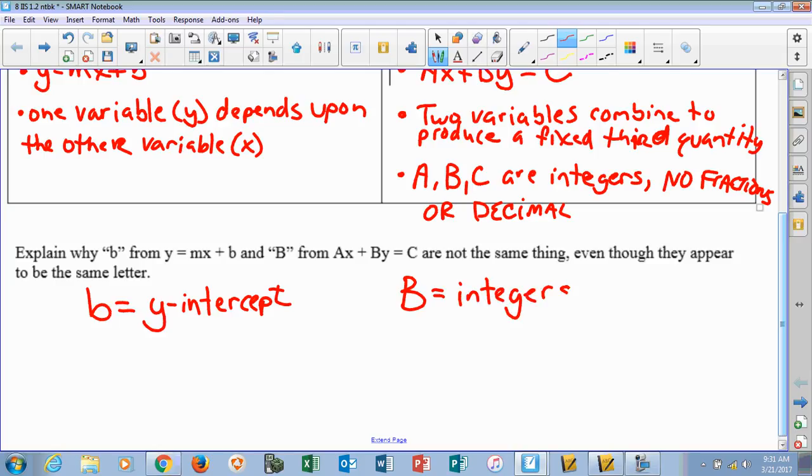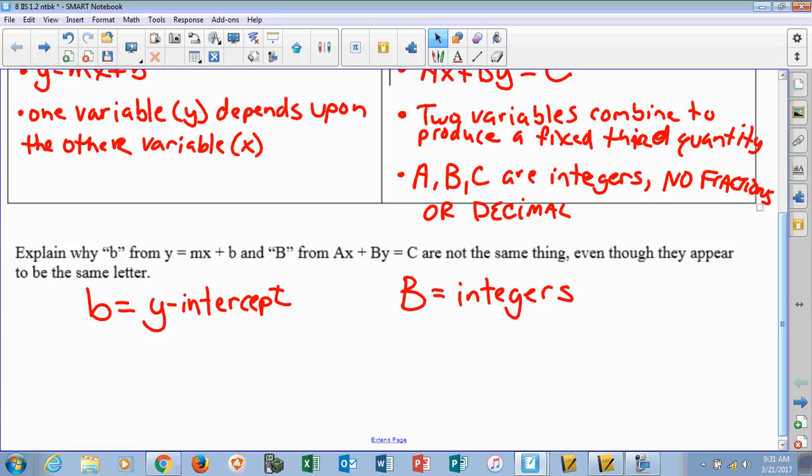It has no meaning in terms of the graph. It just signifies some kind of integer that the variable could be in a certain story. It has no y-intercept meaning or slope or anything like that. So they're two significantly different meanings.